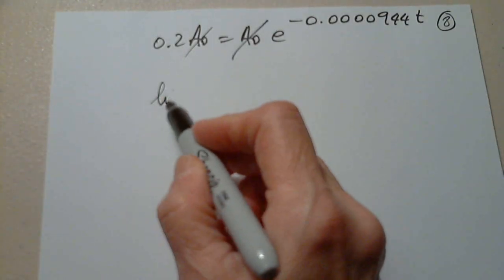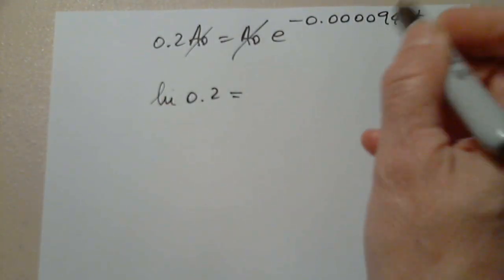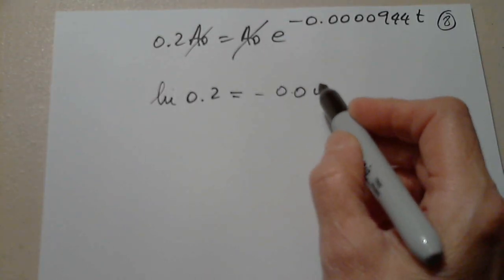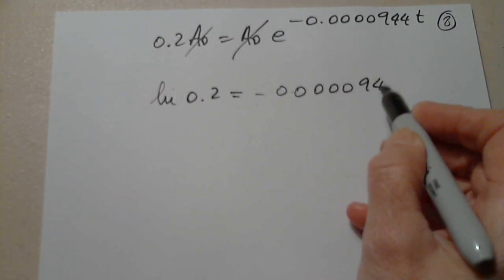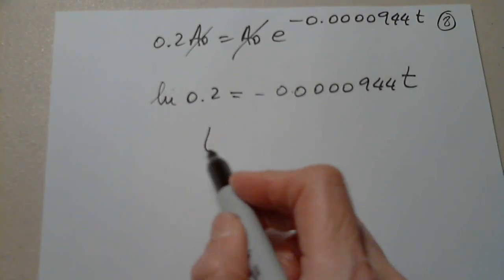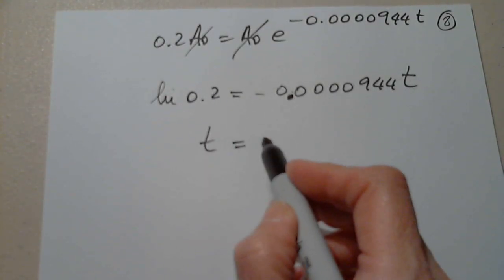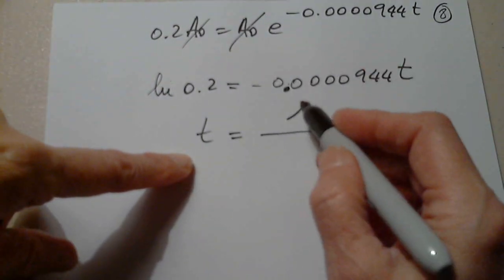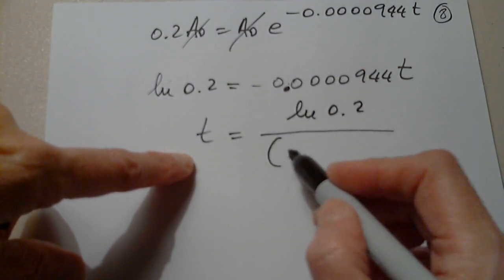Natural log of 0.2; when I bring the exponent down, natural log of e disappears because it's 1, not 0. Make sure the time you get is not a negative number. That would be terrible.